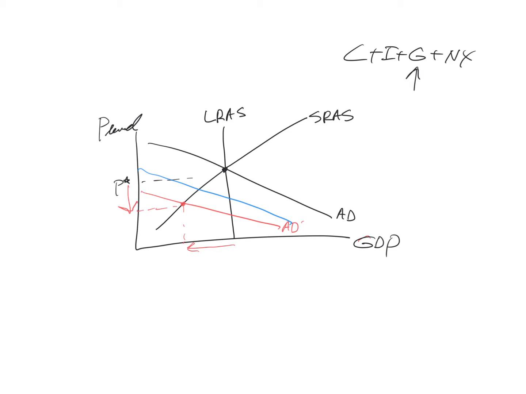But what should have happened is the short-run aggregate supply curve should have fallen down to help it. See, we moved from here. The short-run aggregate supply curve shifting down gets us closer and closer back to our long-run potential GDP.